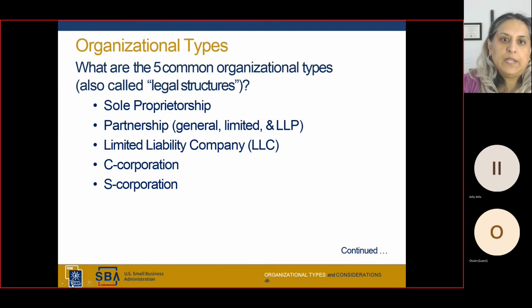Then your limited liability company, which is your LLC, your C Corporation, and your S Corporation. So with your sole proprietorship, let's jump into those directly.